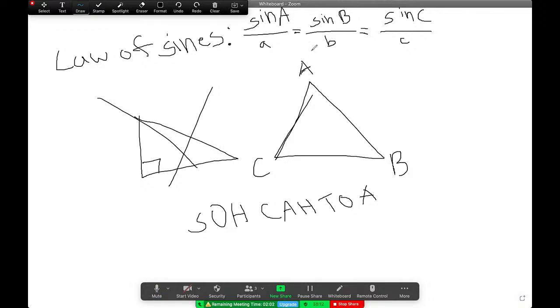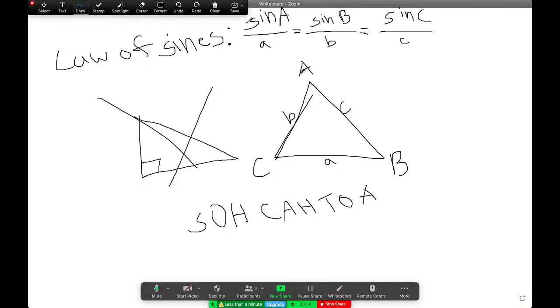So this is A, and the small a, the side A, is opposite of it, right here. B is right here, and C is right here. So sine of A divided by a is equal to sine of B divided by b, which is also equal to sine of C divided by c.